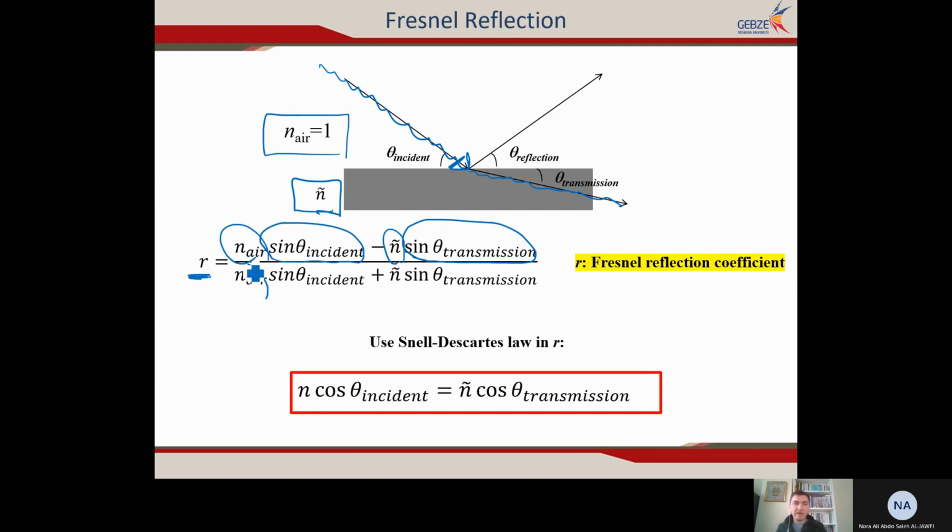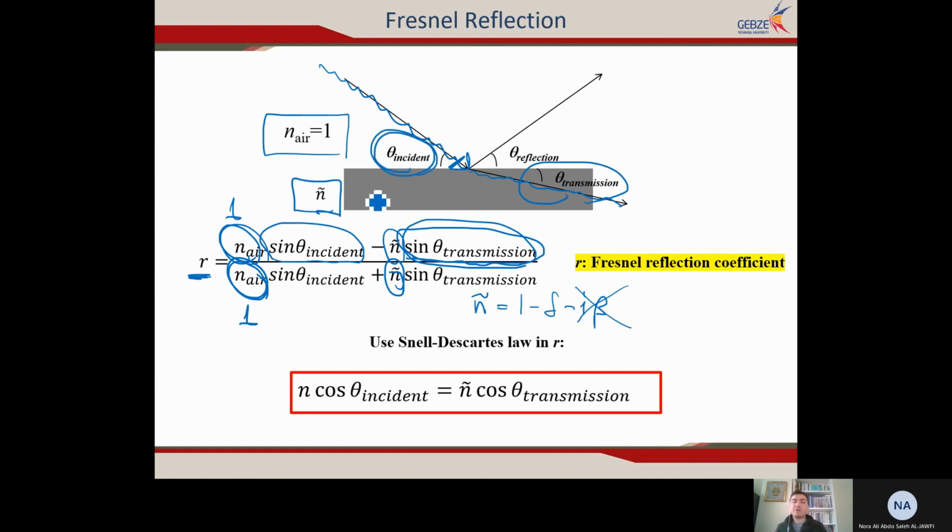What about n air? It is 1, okay? And here I have n medium. I can use the n medium formula, 1 minus delta minus i beta. You can neglect absorption again, or you can keep it within the equation. And here we have sine theta transmission. What is theta transmission? I know theta incident.